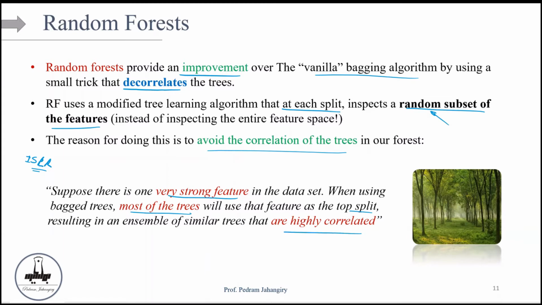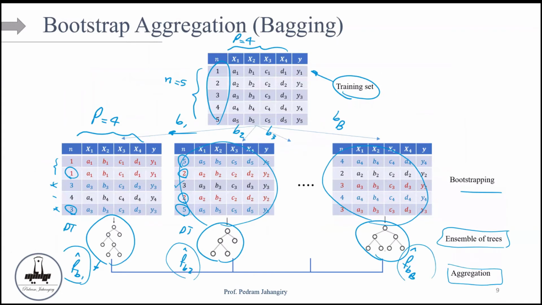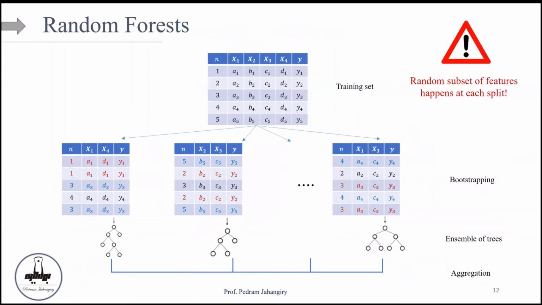So if I go back to the previous slide, look at this one. Do you agree that if we use all the features, p is equal to 4, these trees are going to be very highly correlated with each other, right? So in order to avoid that, random forest is going to do a trick, and the difference between random forest and bagging is here.